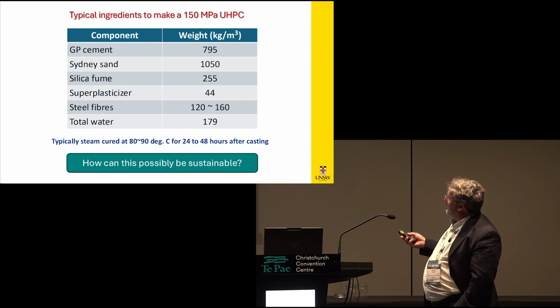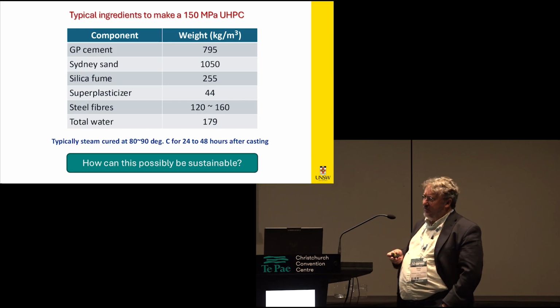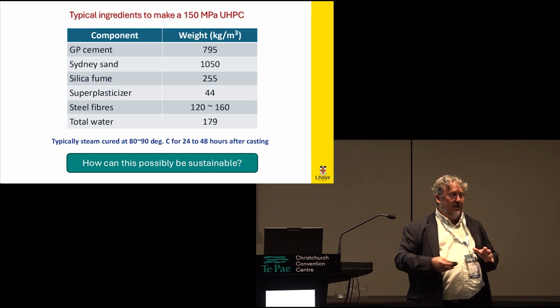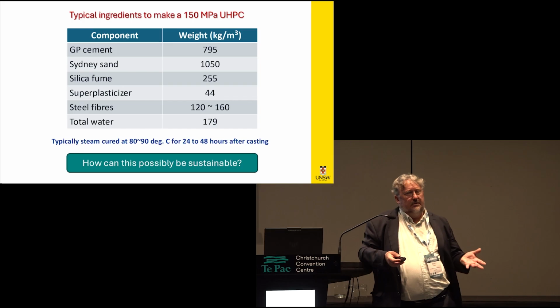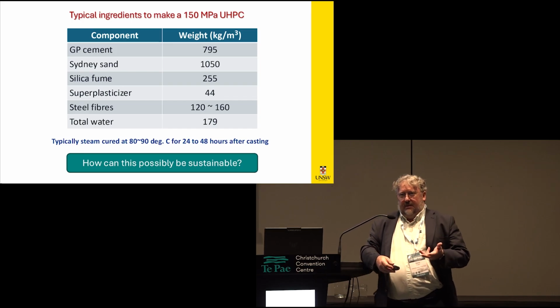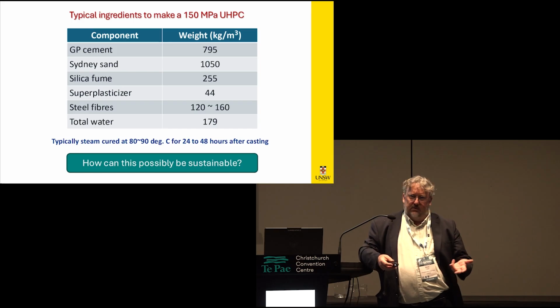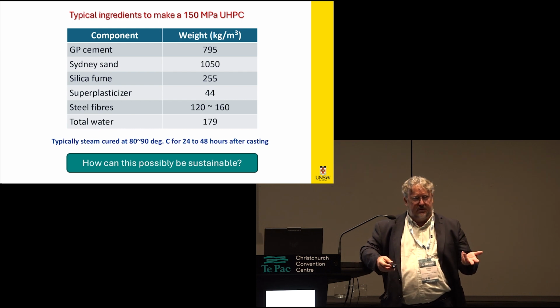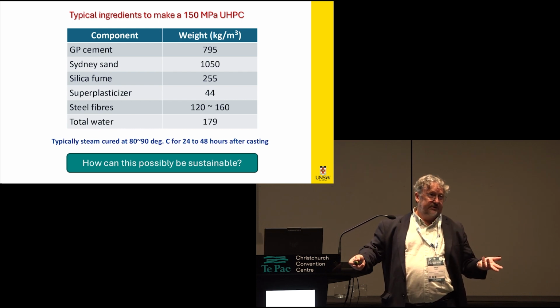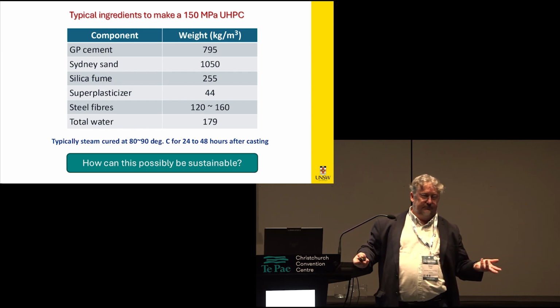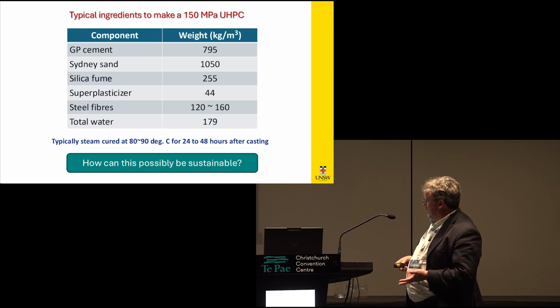It's got fine aggregates, it may or may not have silica fume, lots of superplasticizers, and lots of steel fibres. And the question is, how can that possibly be sustainable? People come up to me and say we've got to reduce the amount of cement in concrete. And I say, no, we've got to reduce the amount of concrete in structures, and we've got to reduce the amount of CO2 emissions. But maybe we need to increase the amount of cement in concrete to achieve that. And this is one example of that.